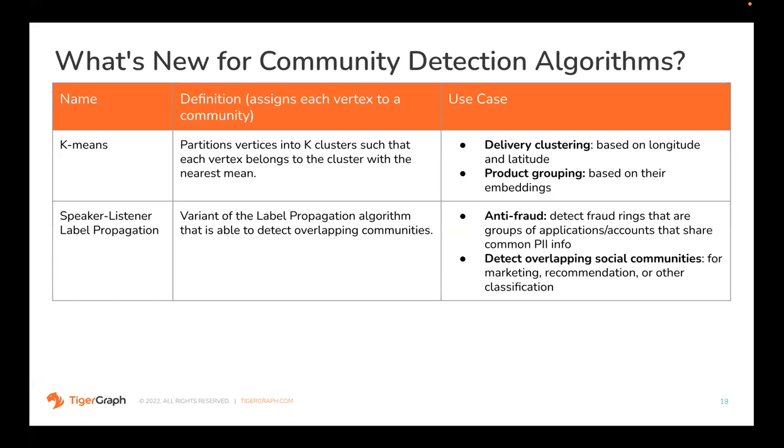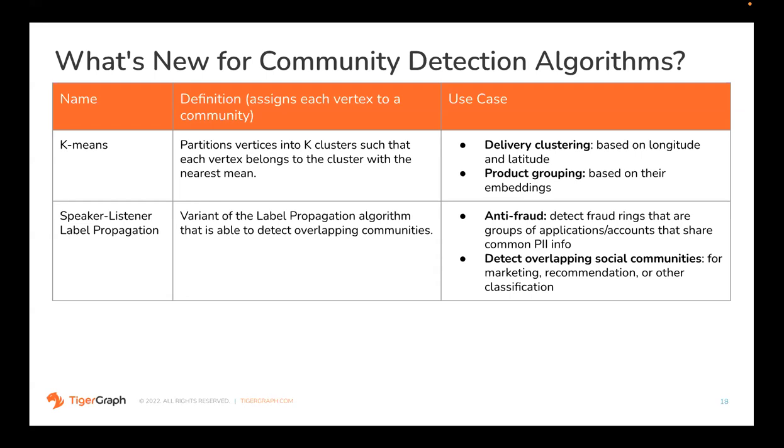For community detection, Kmeans is a way to partition a graph into a set of clusters, and speaker-listener label propagation is another way. The difference here is that partitioning means you take the total number of items, in this case the vertices of the graph, and chop it up into slices.